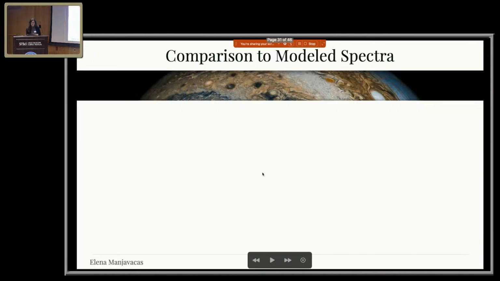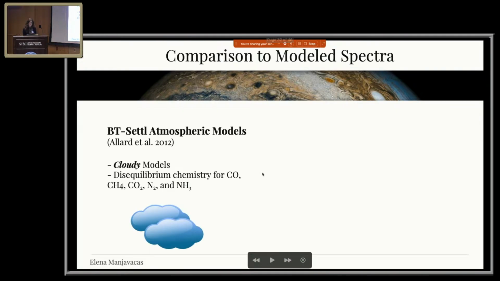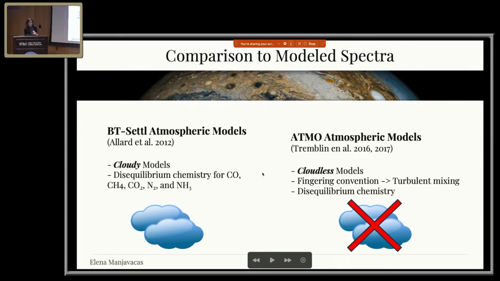So I compare all the spectra to the BT-Settl atmospheric models that are cloudy models that include disequilibrium chemistry, and also to the ATMO atmospheric models. Those are cloudless models, and they also have disequilibrium chemistry. So you can check the paper for the thorough comparison that I did to all the models, but I'm just going to highlight the most interesting point that I found.